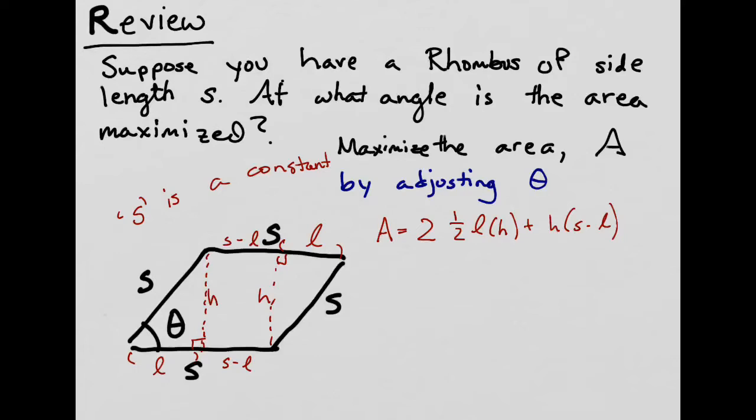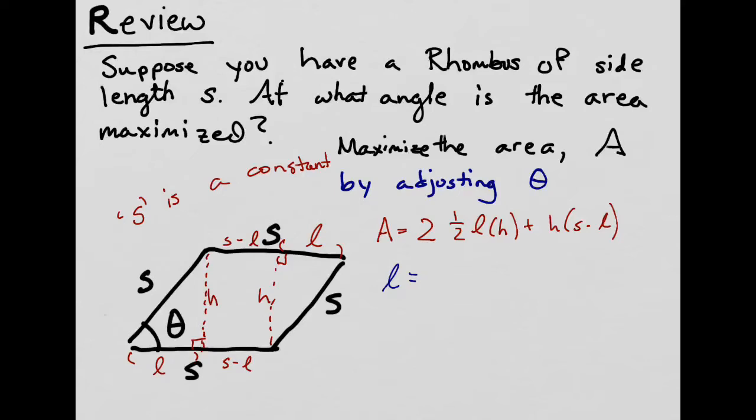And so first, let's look at this L right here. Look at this L. And we have this theta is the same angle as over here. And so L is going to be cosine, or this L, let's look on the side. So L is right next to our theta, and then our hypotenuse is S. So it turns out L is equal to, oh wait, no, that's not what I want.